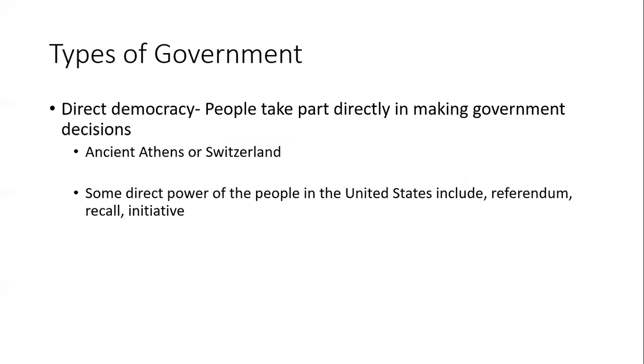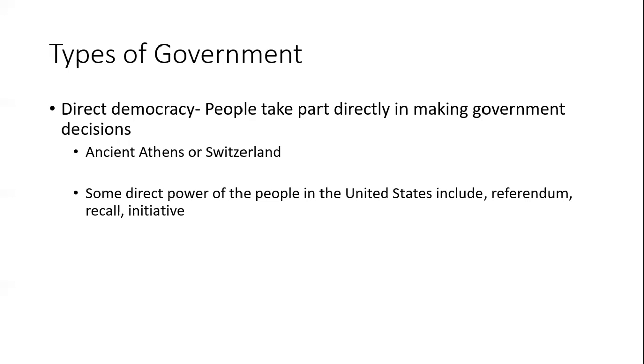Probably the closest you're going to see is in Switzerland, and they have frequent national elections to approve or disapprove of the actions of the government. The book talks about ancient Athens and Greece being a direct democracy where white landowners could vote on the actions of the government. However, even in ancient Greece, you're looking at a small percentage of the population actually being involved in the government.